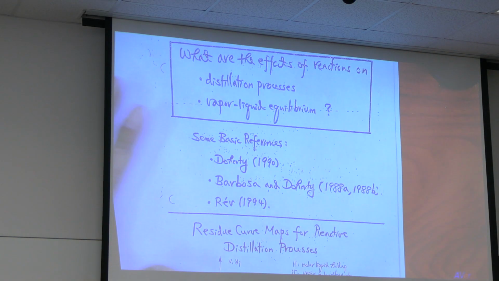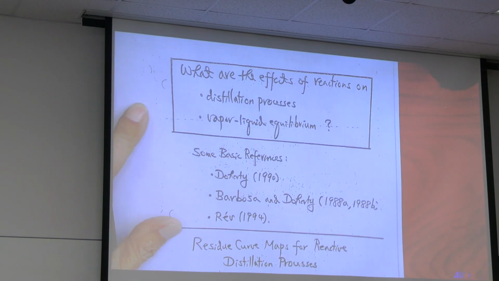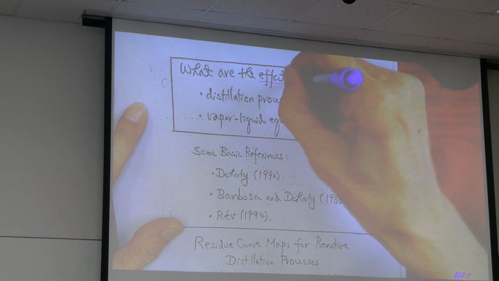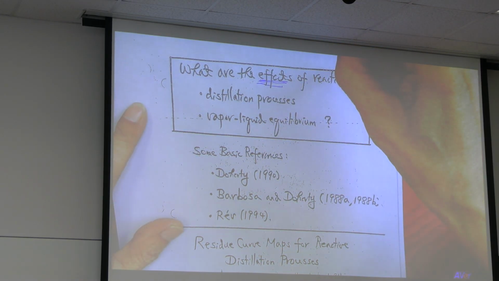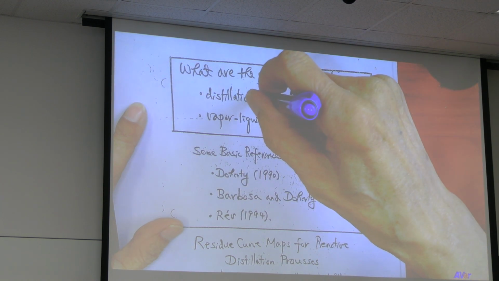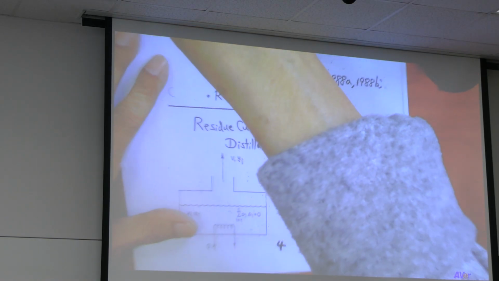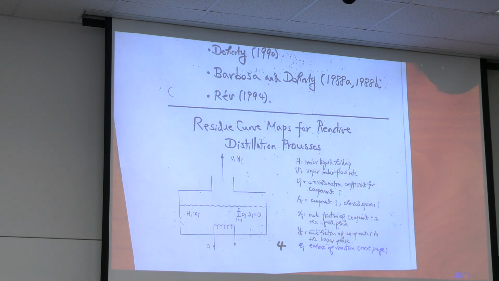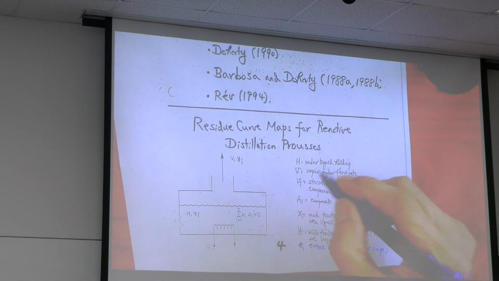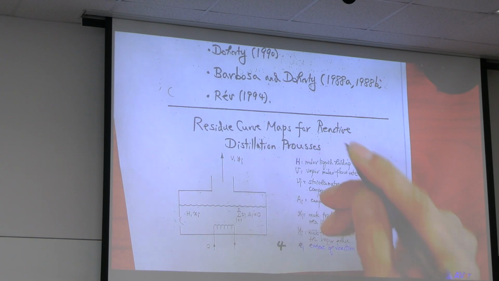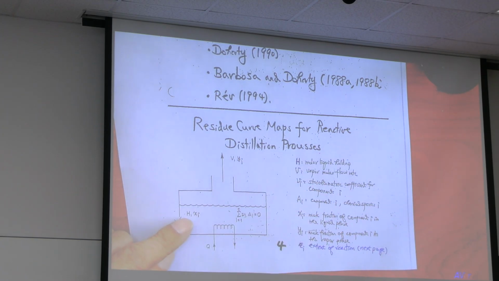Look at page 4. What are the effects of reaction on distillation VLE? Residue curve map for reactive distillation process. H, molar liquid holdup. How many pound moles of liquid stay in the residue?